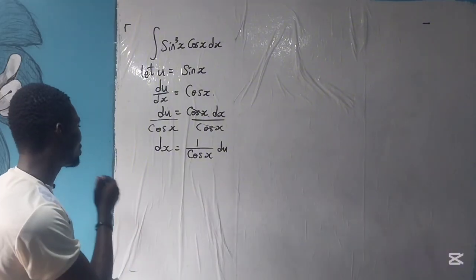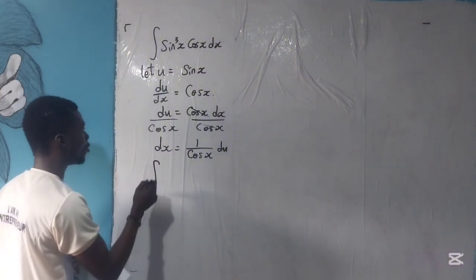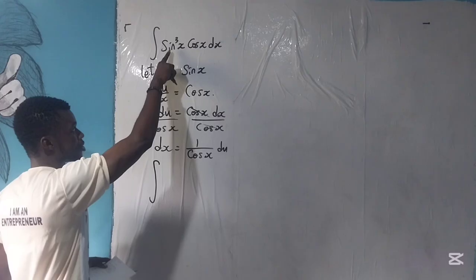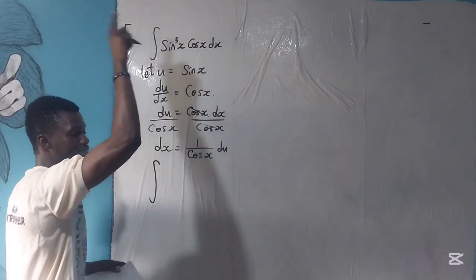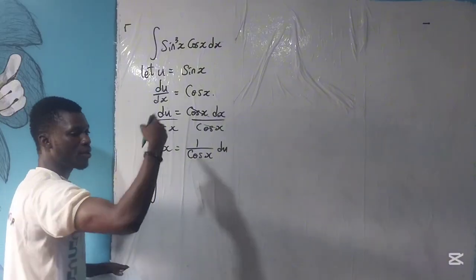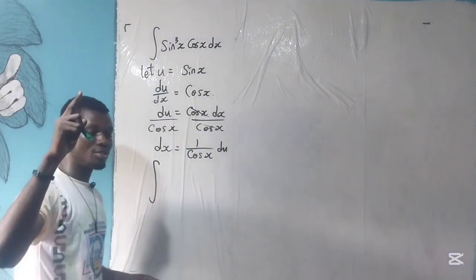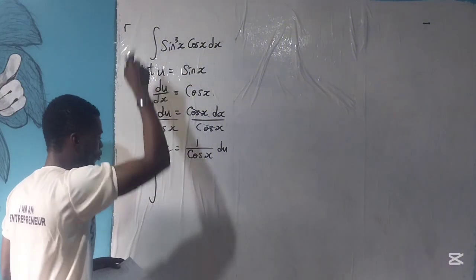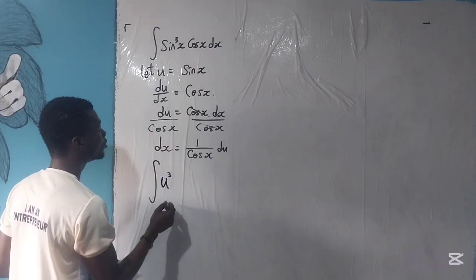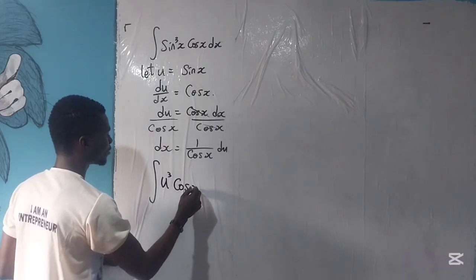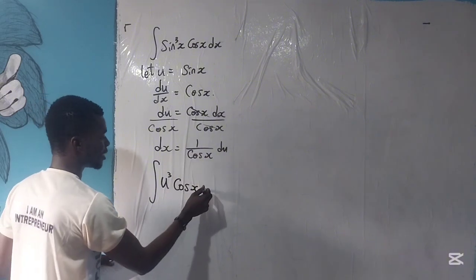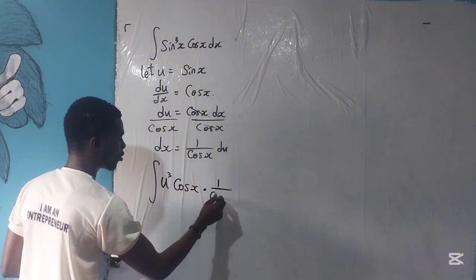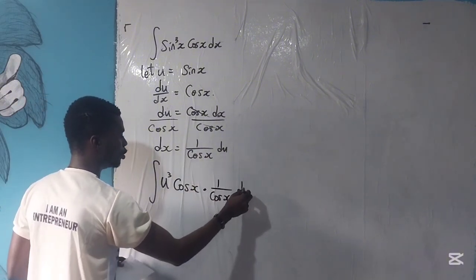Now going back to the question, the integral of sine x is u. Sine cube x means sine x everything cubed. Sine square x means sine x everything squared. So that means u cube. So we have u cube cos x dx, right? But our dx is now this. That means cos x times 1 over cos x du.